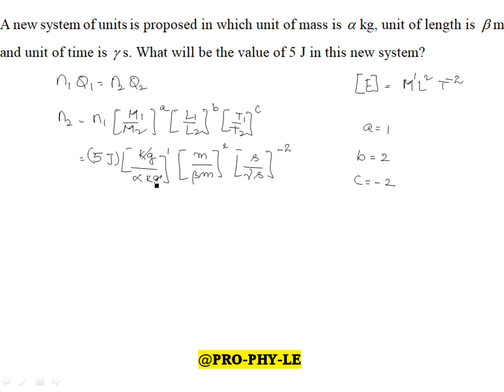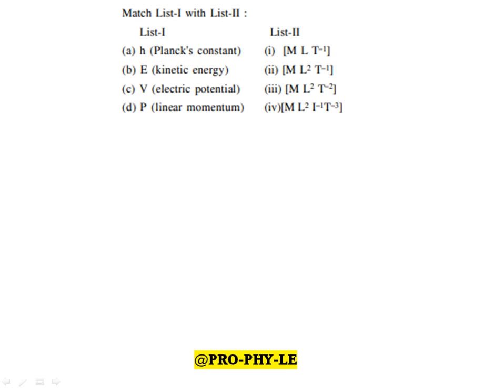So kg gets cancelled, meter gets cancelled, and second gets cancelled. You are left with 5 into 1 by alpha beta square into 1 by gamma power minus 2, or this can be written as 5 into gamma square by alpha beta square. So that is how you can solve these types of questions, that is conversion of one system to another system.